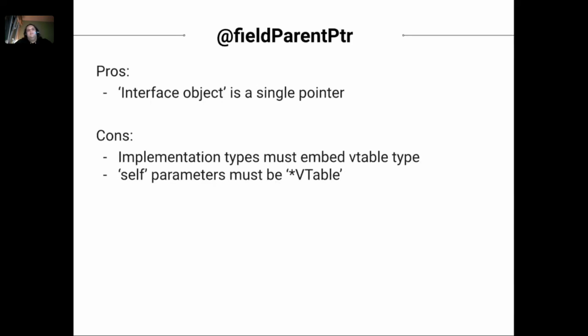But it's one of the cons. And of course, instead of having regular self parameters, you are using a pointer to vtables, but that is really not a big deal, as you just do field parent pointer and you're back to where you want to be.